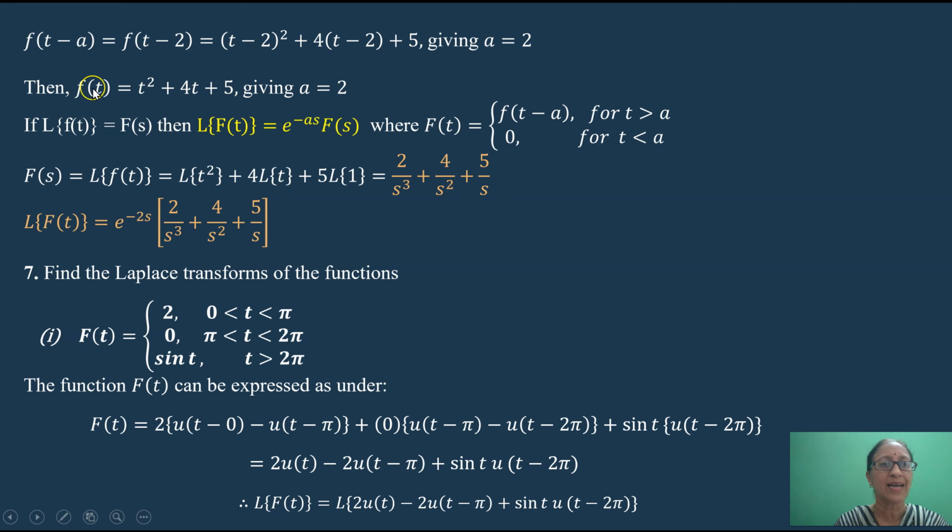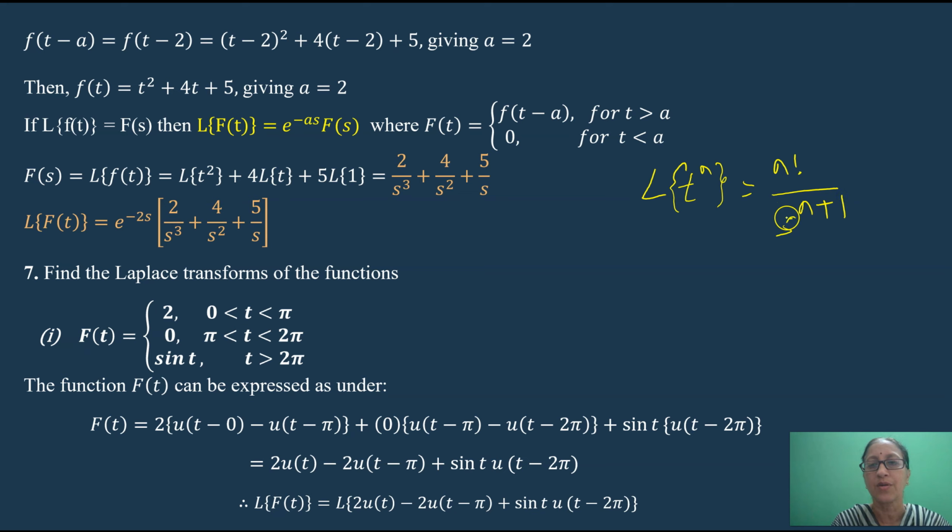Now let us find the Laplace transform of this, that is L of f of t, which is the Laplace transform of t square plus 4 into the Laplace transform of t plus 5 into the Laplace transform of 1. Here, we have to apply the formula for the Laplace transform of t power n, which is equal to n factorial by s power n plus 1.